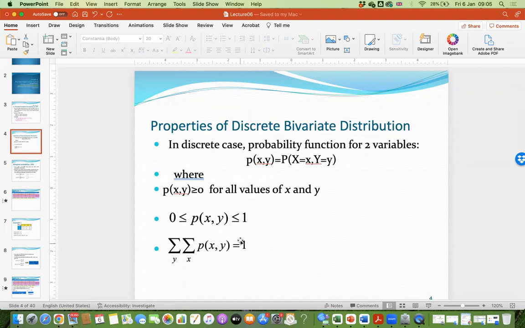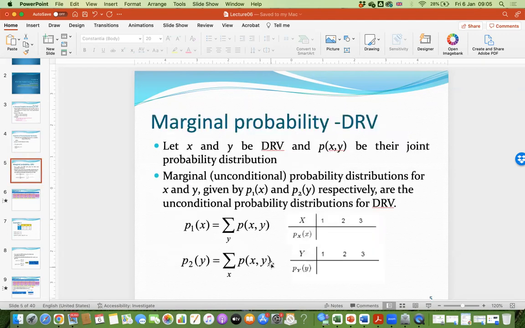We assume that this is one case, and therefore the probability is 0 to 1, and the cumulative probability distribution is always 1. Okay? Because there are two variables, I would like to know the probability distribution of each of them, and therefore we call that marginal probability.